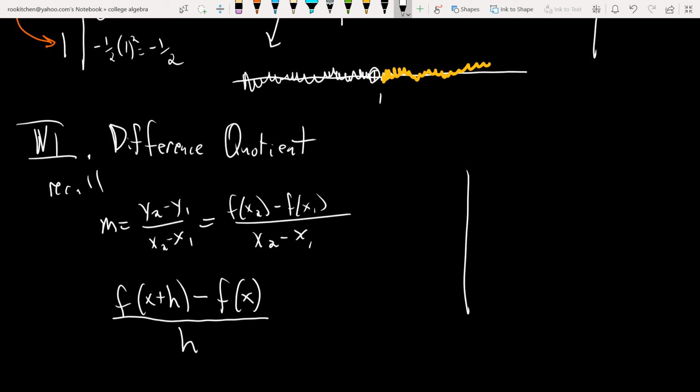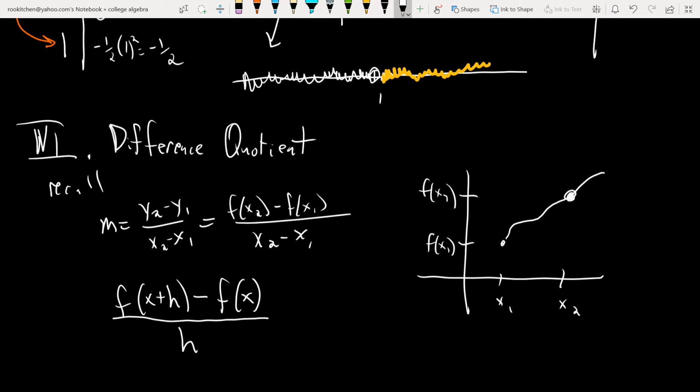I guess I could try to draw it out here. So we have f of x1, f of x2, this is x1, x2. And maybe we have some sort of thingamajig kind of going like this.